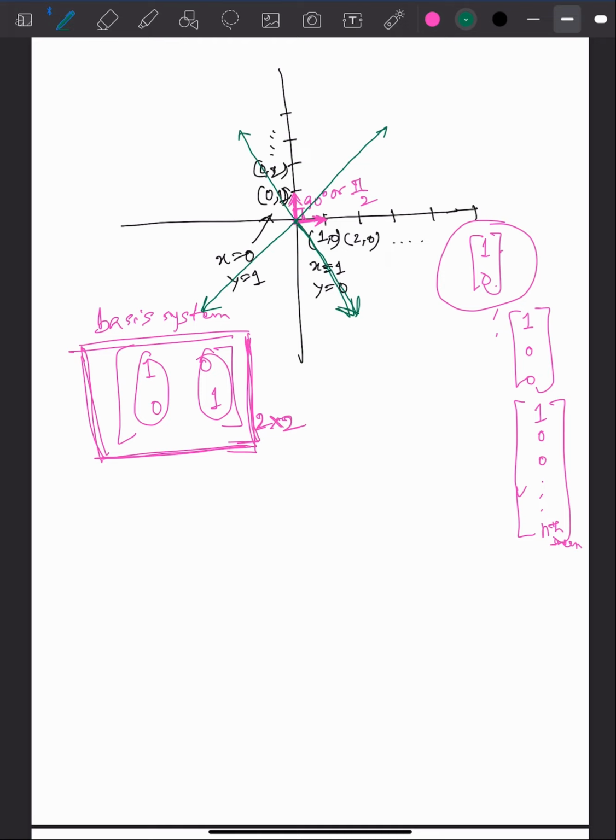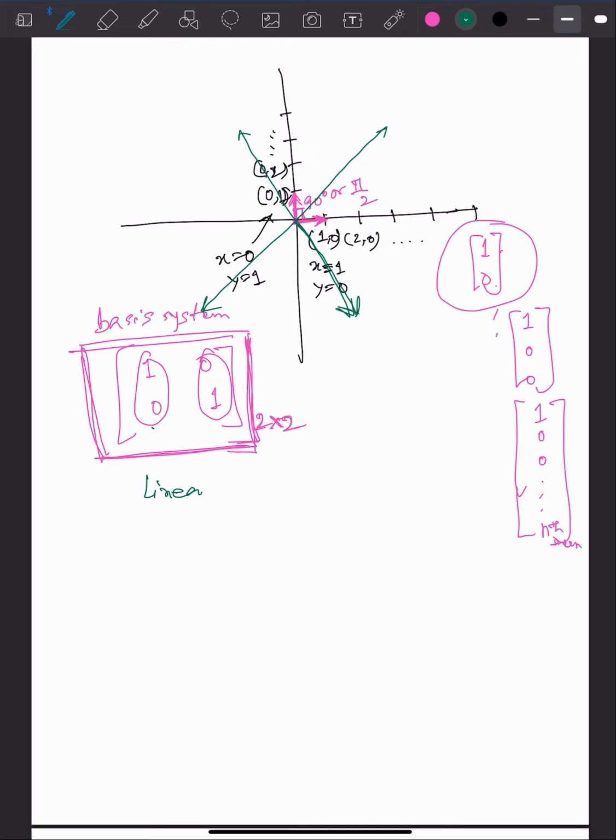That is why these two vectors are called basis vectors, and they are linearly independent from each other. Linearly independent means these two vectors are different.